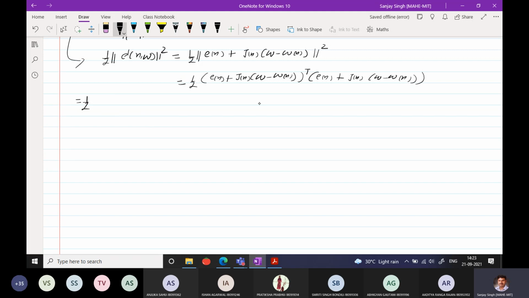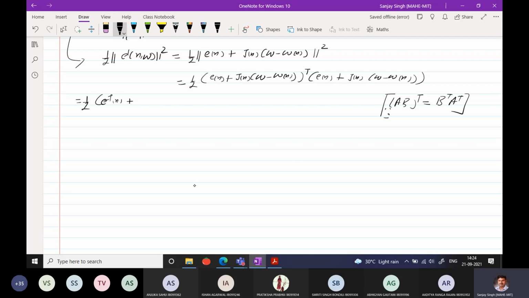Okay. So this is T, and this transpose will propagate inside this one. This is a vector only, so this will be E_n^T plus, because this is also a vector. And remember that I am invoking this particular relation: if there is (AB) transpose, it is always B^T A^T.